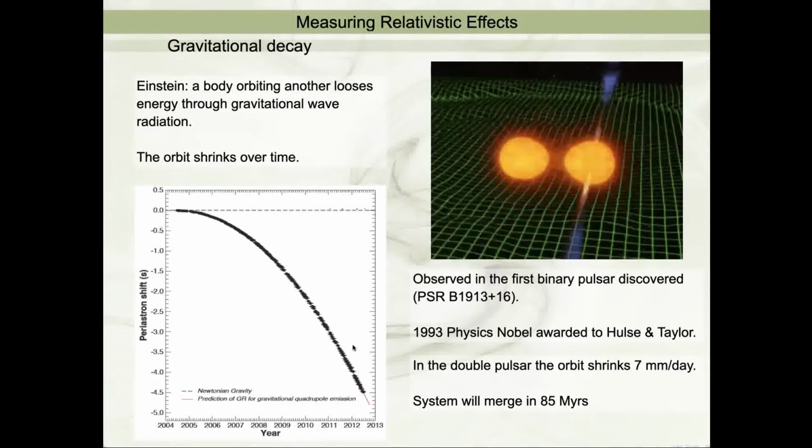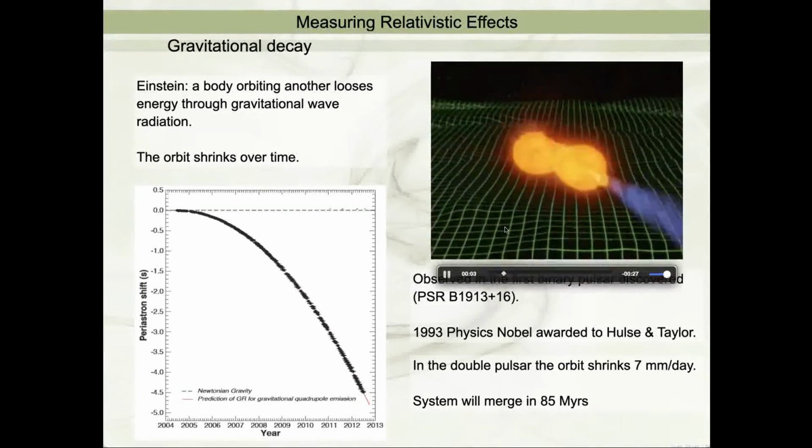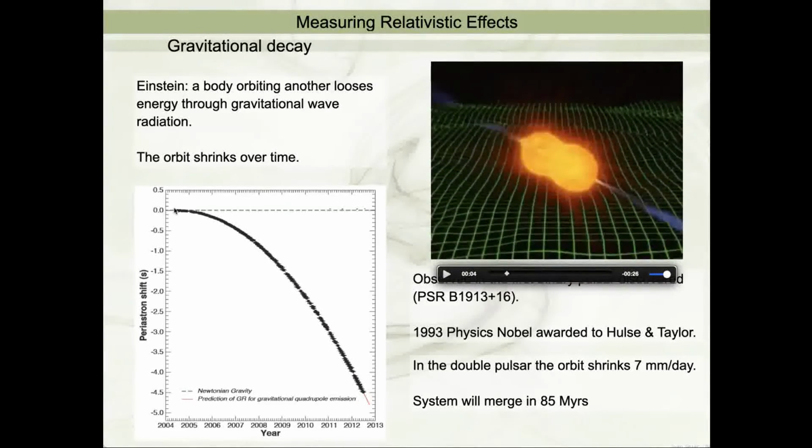This chart was made for the double pulsar, not the Hulse-Taylor pulsar. It showed that from 2004 or so, when it was discovered, to 2012, something like an 8-year timescale, the orbit has shrunk so much that the pulsar comes back at the same point in the orbit with a delay of about 4.5 seconds, over 8 years.